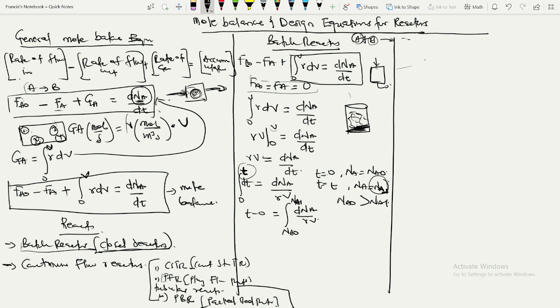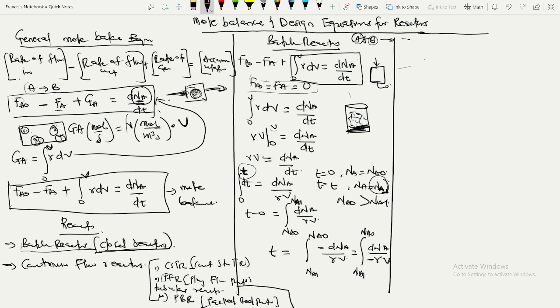So we can reverse it and say our t is equal to the integral from NA1 to NA0, and then when we reverse it, we have to negate it, minus dNA over rV. So we can bring the negative sign to the denominator, and then we'll be having the integral from NA1 to NA0 of dNA over negative rV.